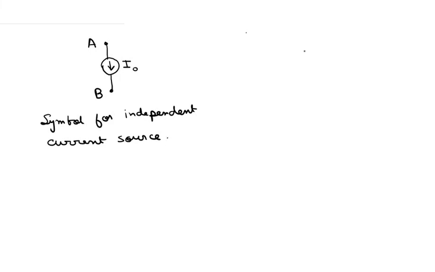This, on the other hand, if I draw a symbol like this, this is also a current source, but this is a dependent current source.